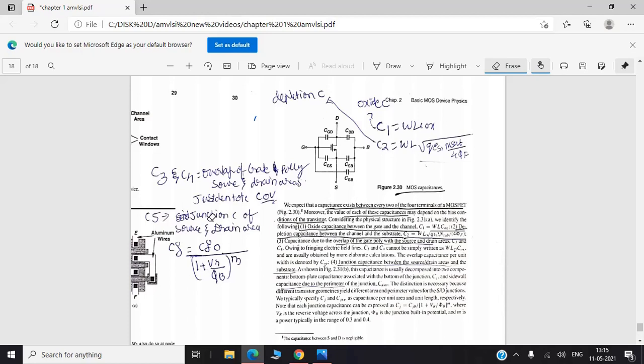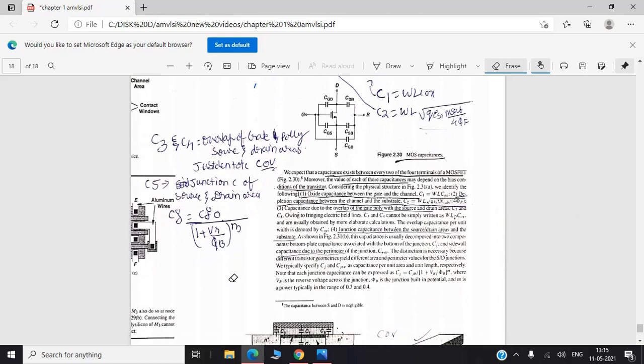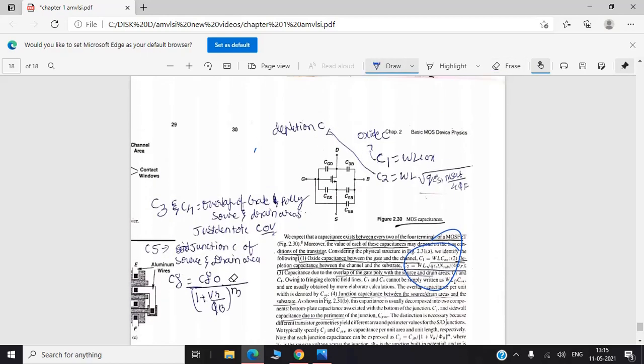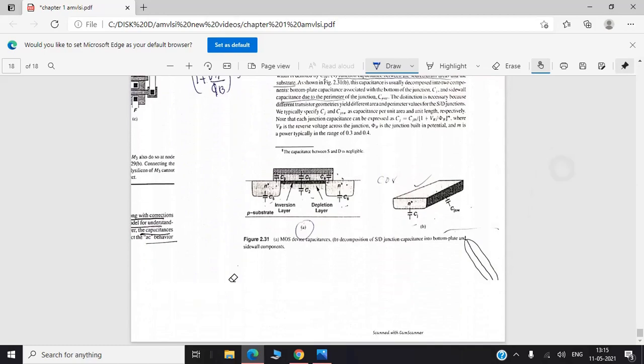C5 is the junction capacitance of the source and drain area, given by Cj equals Cj0 by (1 plus VR by phi B) to the power m. Everything is given here; I have written it so that it is easier to understand. So these are the capacitances which occur.